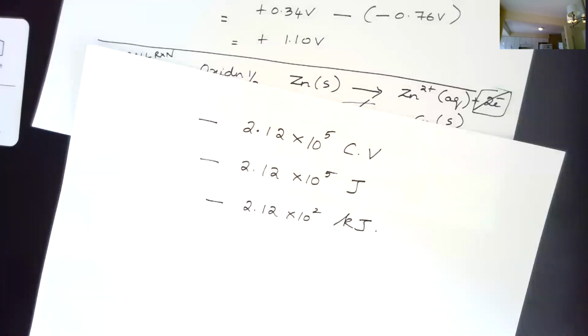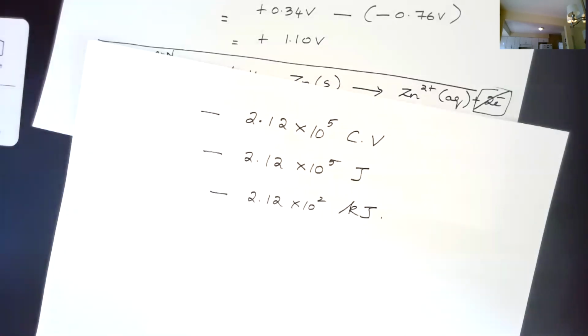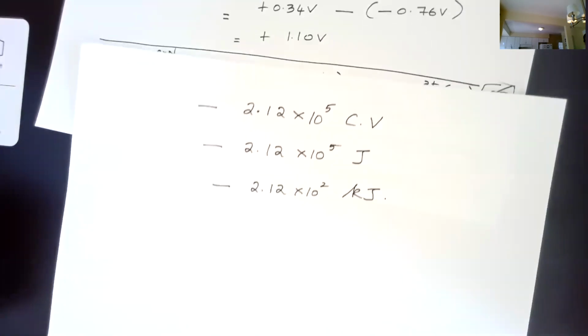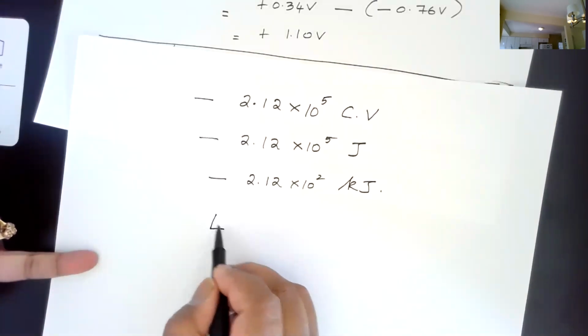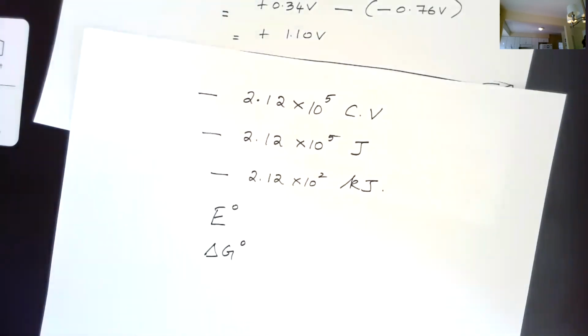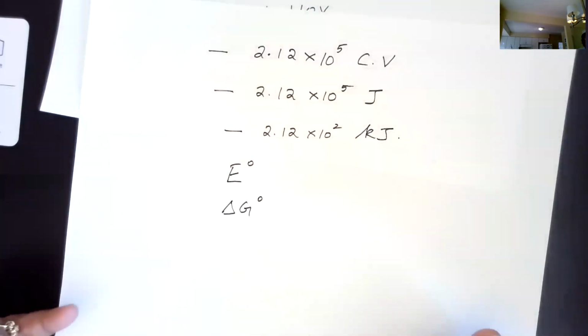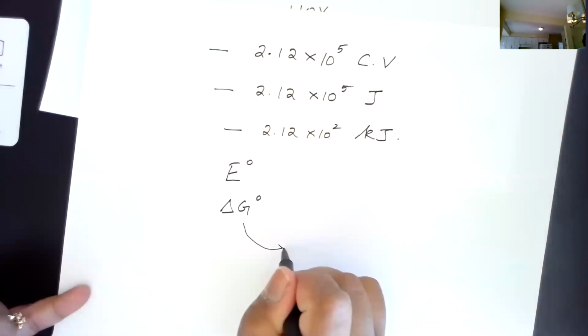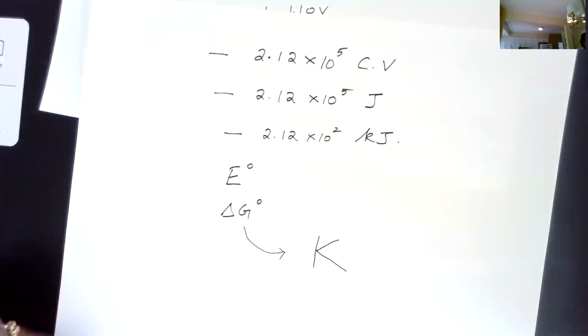Now, if we can calculate delta G, then what else can we calculate? E0, we got delta G0. What else can we calculate? Delta H. Yeah, you can do that too. Equilibrium constant, right? Yes.